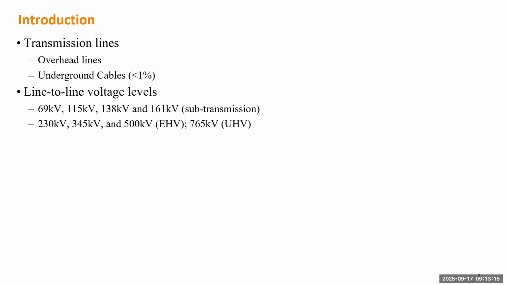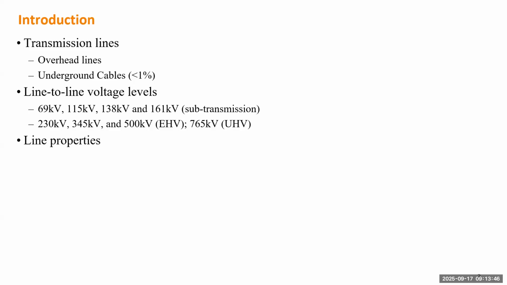But about 115 kV, that voltage level is considered transmission voltage level. And 161 is still at the boundary between transmission and sub-transmission. But above 230 kV, so 345, 500, and even 765, they are at a very high voltage level. So they are typically the transmission system power lines.